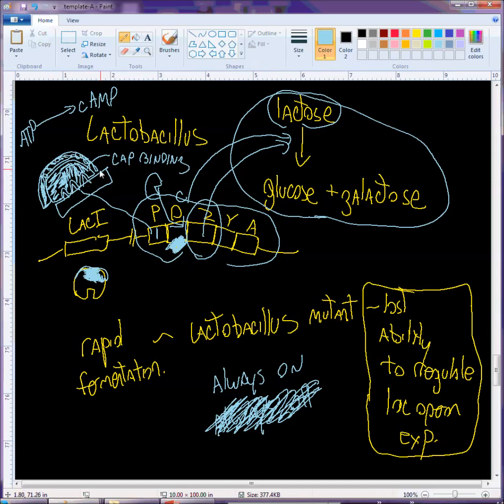And then the cap activator protein will always be bound to the cap binding site. So there are a number of mutations that could lead to this rapid fermenting mutant of Lactobacillus bacteria. I think probably the better ones, the ones that are easiest to understand, are the mutations involving LAC-O and the LAC-I repressor.